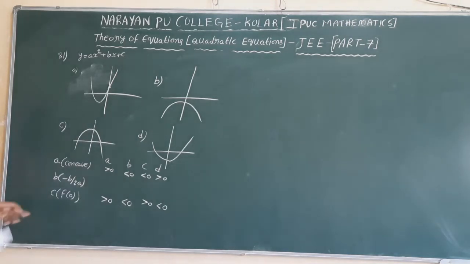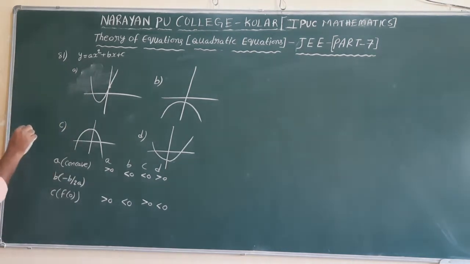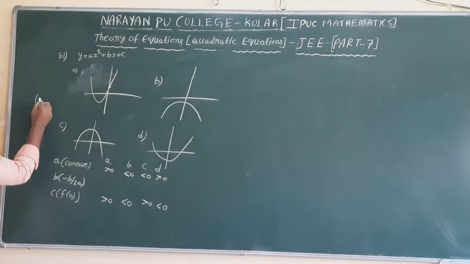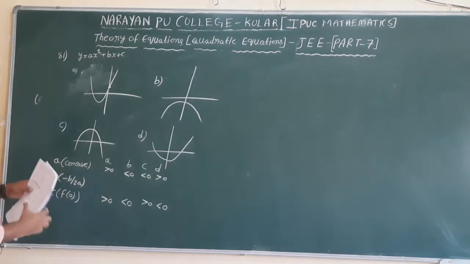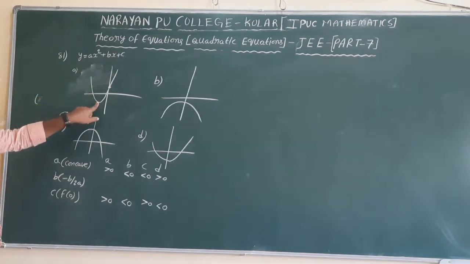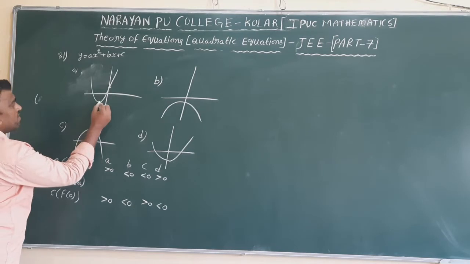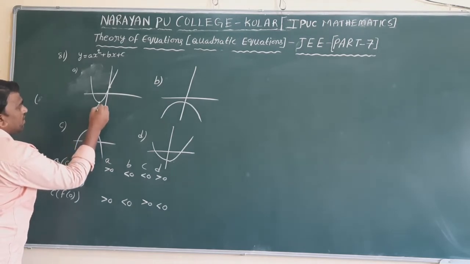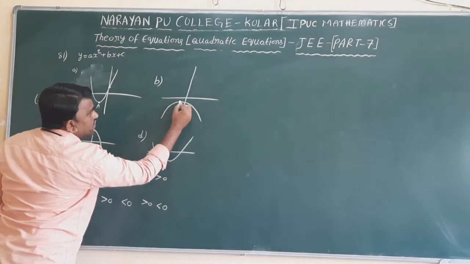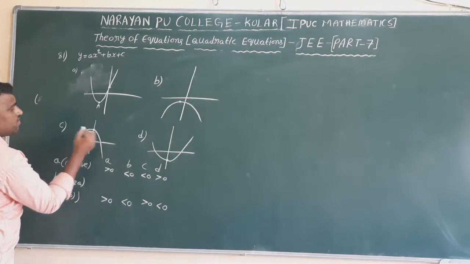Then what about minus b by 2a? Minus b by 2a is the vertex, the x coordinate of the vertex. So if you take this one, the vertex will be there, minus b by 2a comma minus D by 4a. This one vertex, this one vertex, this one vertex, and here this one vertex.